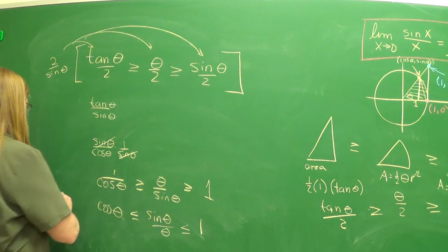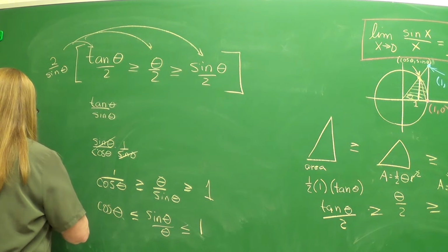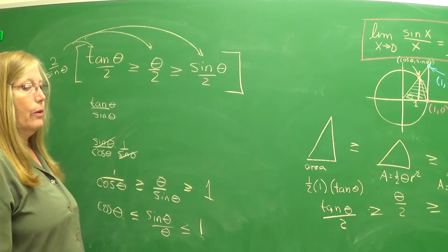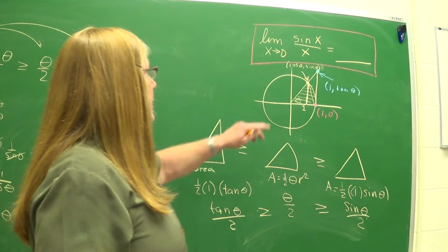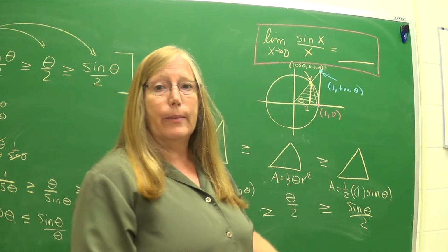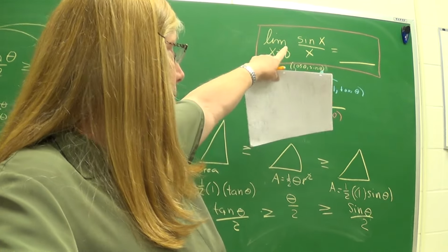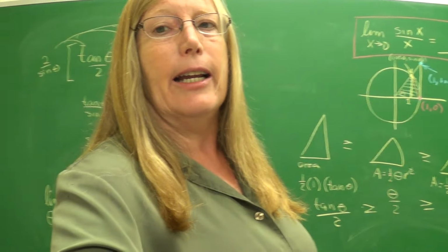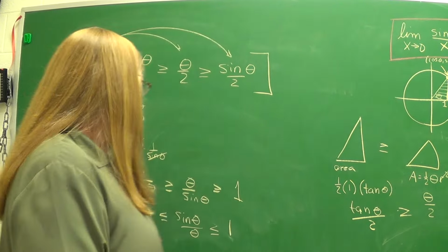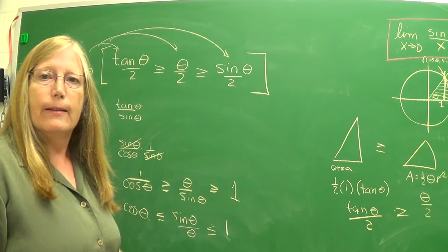So let's look at the limit of this as theta approaches 0. Remember, the one we're trying to find, over here in the box, is the limit as x approaches 0. I see that expression, sine of an angle over the angle, has now appeared right here.